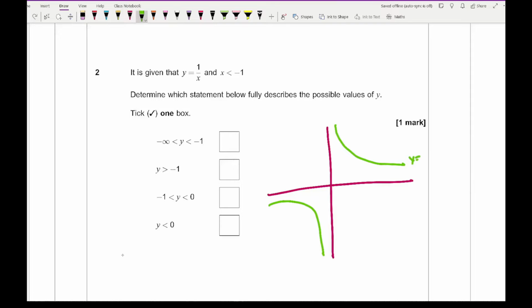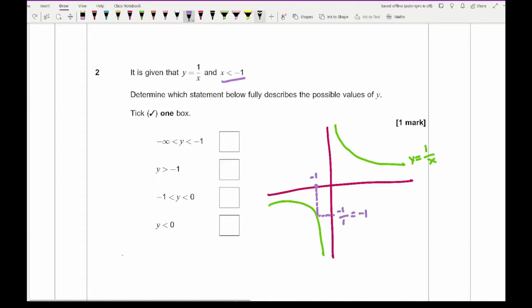Now in this particular question we're looking for x values that are less than minus 1, so we'll just imagine minus 1 is here. That value there, y is going to be equal to minus 1 over 1, which is just minus 1. So this here is minus 1.